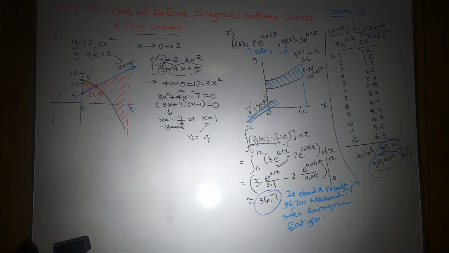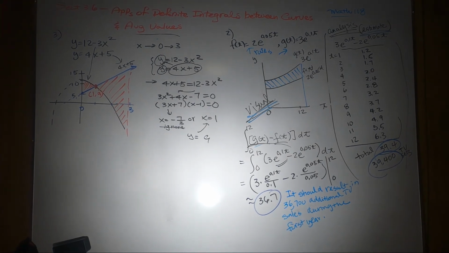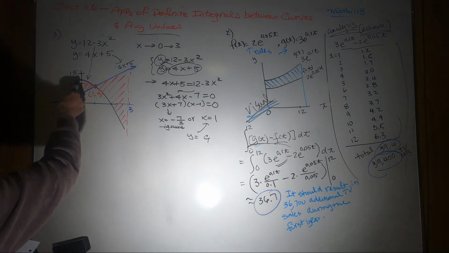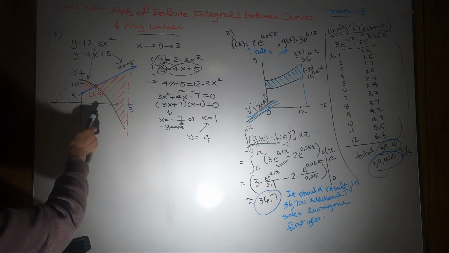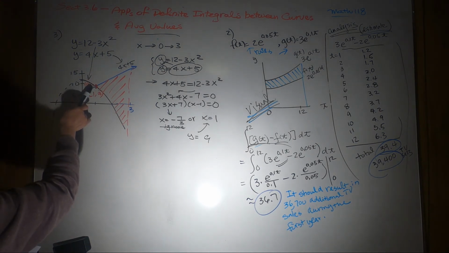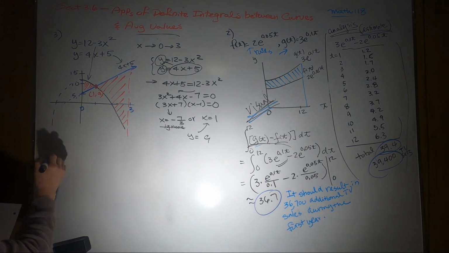So then what was the question? To find the area between the curves. Okay? So when we use this formula, we need to use what? Bigger one minus smaller one. So that's how we do it.